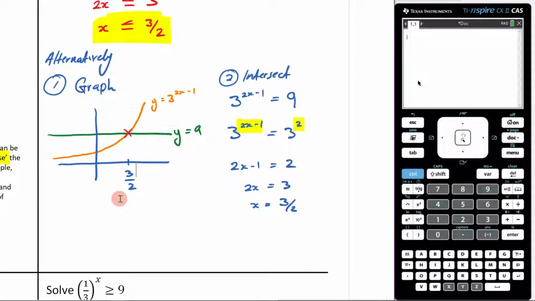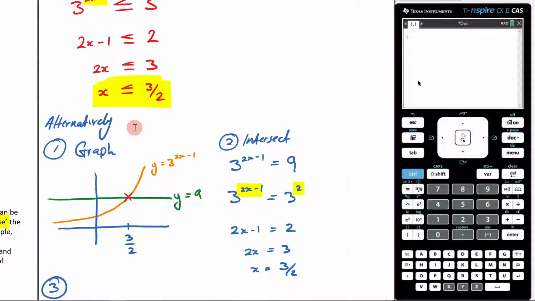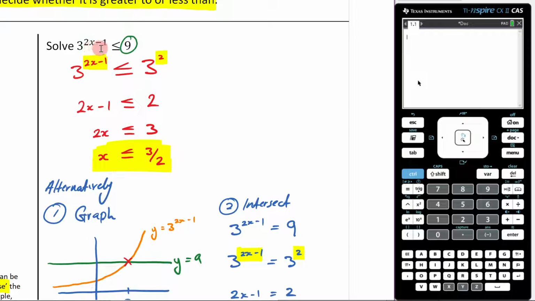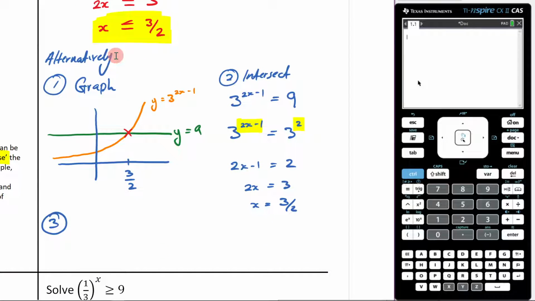Now, the final thing that we do, so this is step 3 now, is we consider, is it greater than or equal to? Well, looking at this, what do we want? Let's come back and think of our question here. It was less than or equal to 9. So we've got 3 to the 2x minus 1. Where is this less than or equal to 9?